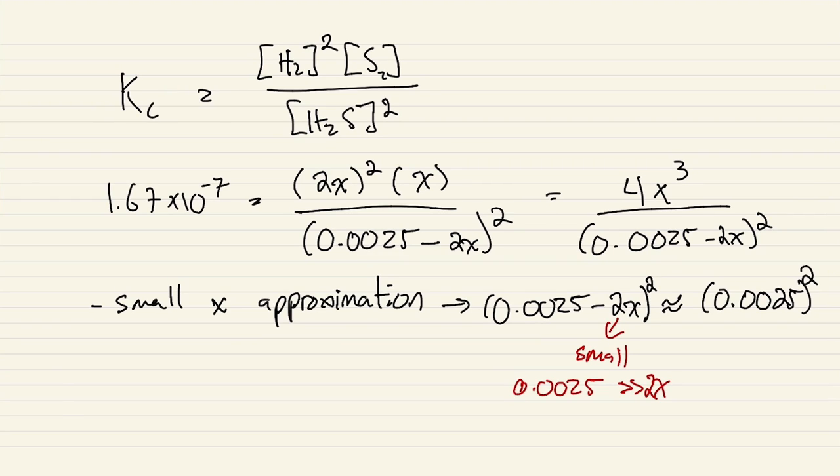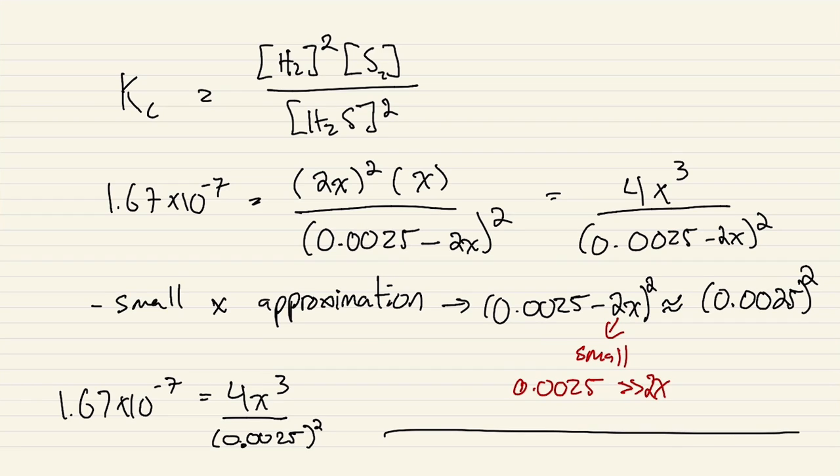So now we get 1.67 times 10 to the minus 7 equals 4x to the third over 0.0025 squared. Continue this on the next page. So all we have to do now is isolate x cubed, then take the cube root of both sides.